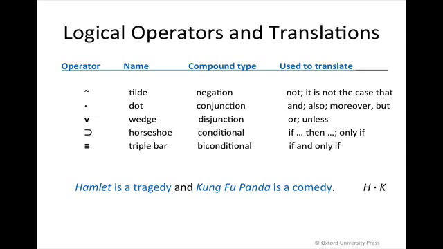And so if you look over to the right side of your screen, you'll see the translation H dot K. Now, notice that one of the differences between what we were studying earlier and what we're studying now is this: in this version of propositional logic, we do not translate the predicate separately or as part of the notation of the sentence. We just have H for the entire sentence.